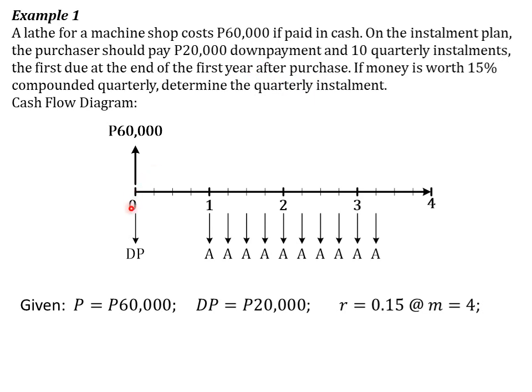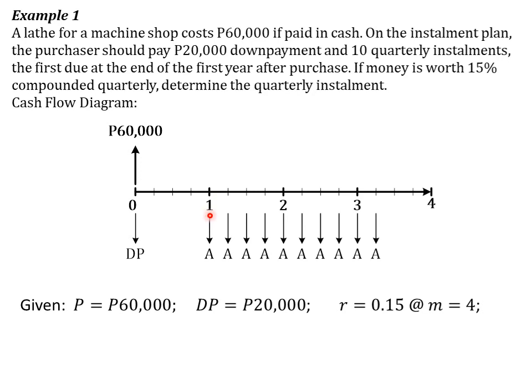So here for the cash flow diagram, let's say this is your first year. After 1 year, that's the time where you started with paying with your machine, which is worth 60,000 pesos. Of course, again, down payment is at the start because it is considered as a present amount. Okay? Now, 10 quarterly installments.